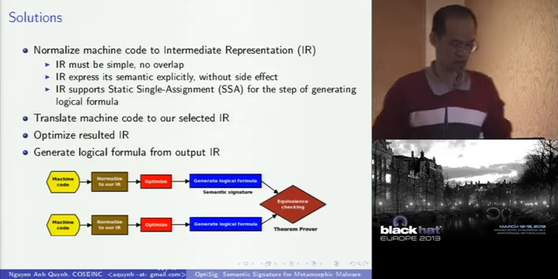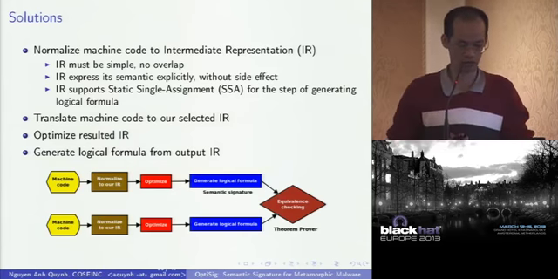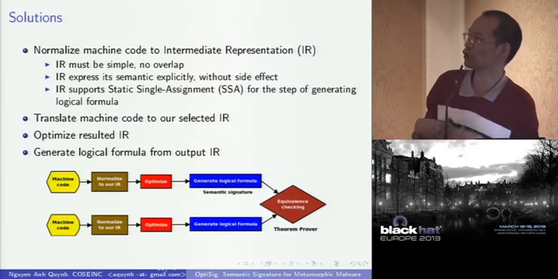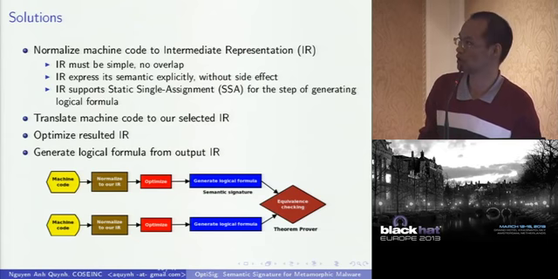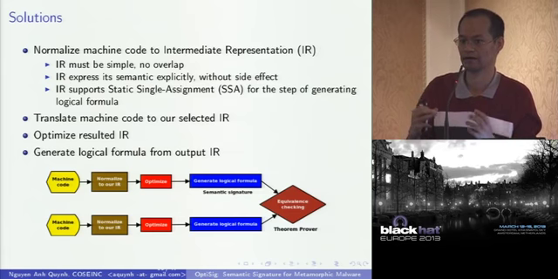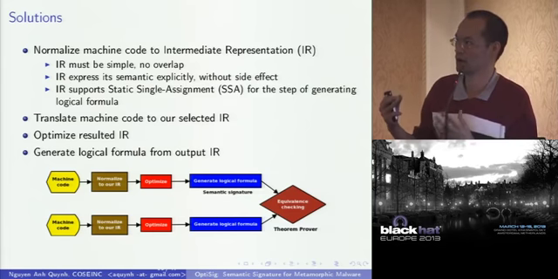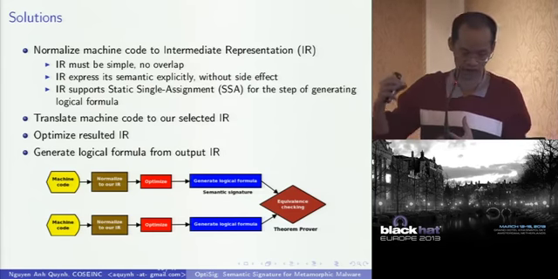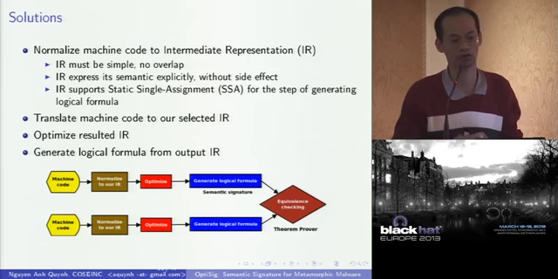To solve those problems, we first need to normalize the machine code to an intermediate representation language, or IR. We have some requirements for the IR. First, the IR must be very simple, with no overlap.